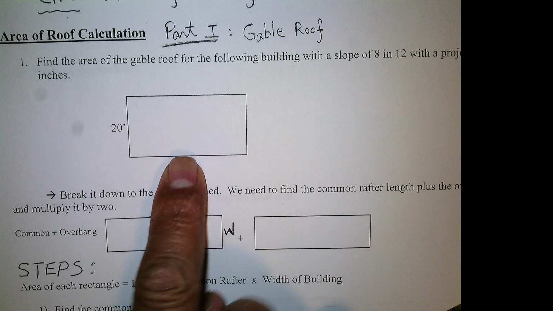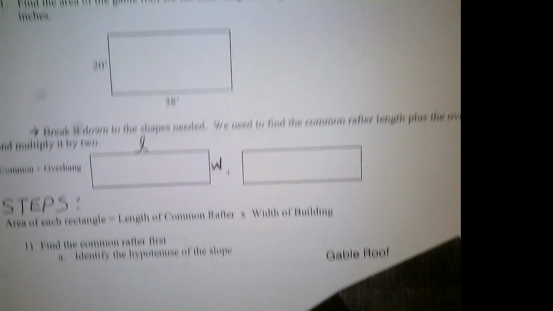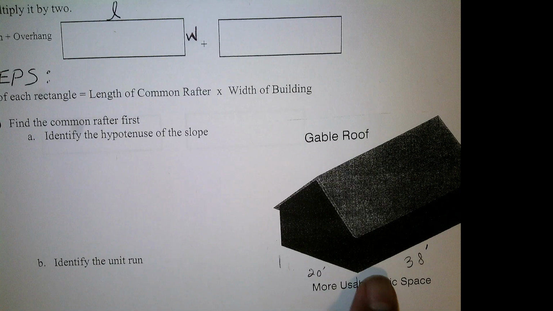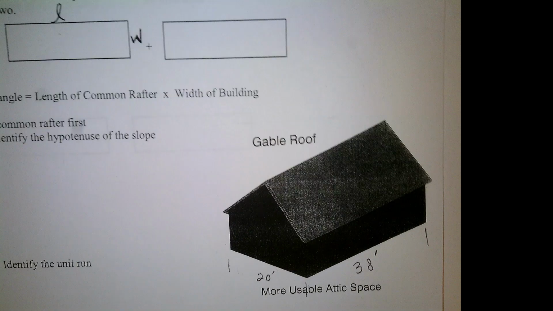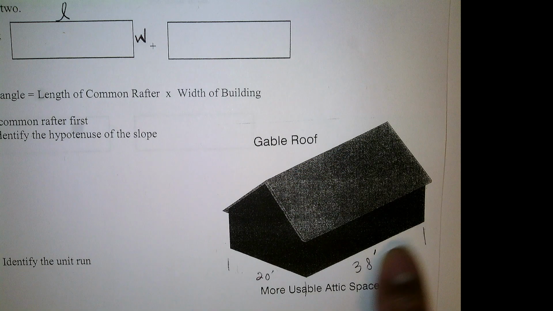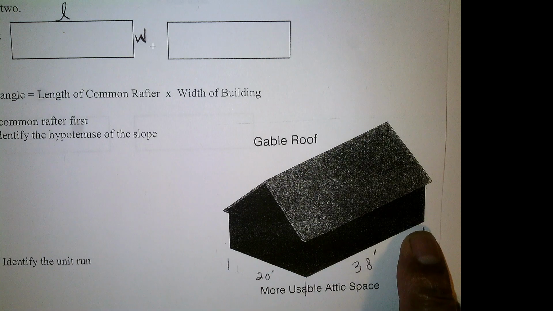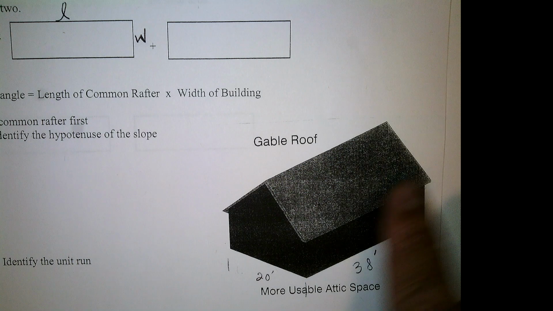The very first diagram, also I show you, so they're attached, diagram. The 20 feet by 38 feet is referring to the bottom rectangle, the size of the house, not the rooftop. So we are now trying to find the total area of the rooftop.